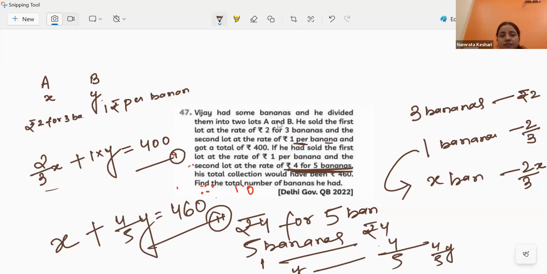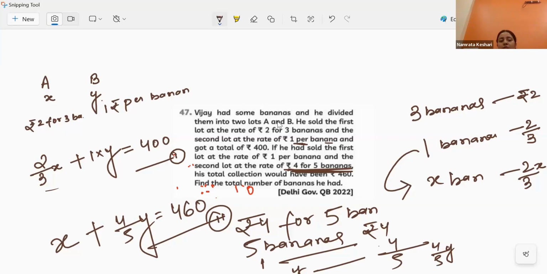Yes, ma'am. So the unitary method, if you have understood really well, then whenever you encounter this type of situation, rupees 2 for 3 bananas, 5 bananas 2 rupees, 8 bananas 3 rupees, you will be finding the 1 banana price. That will be in decimal.